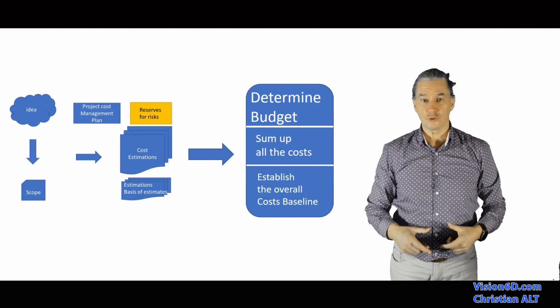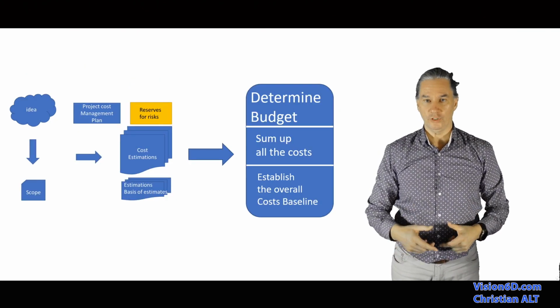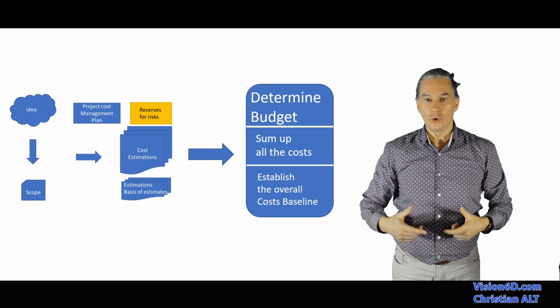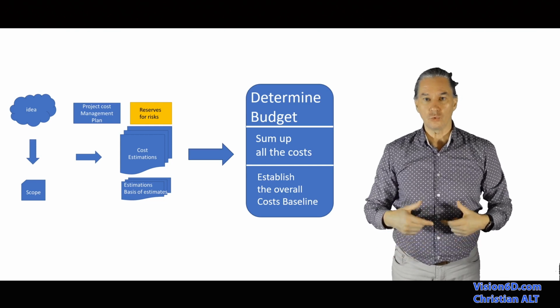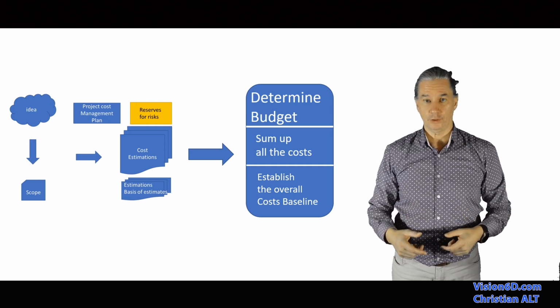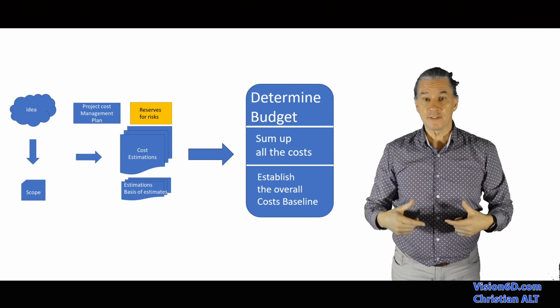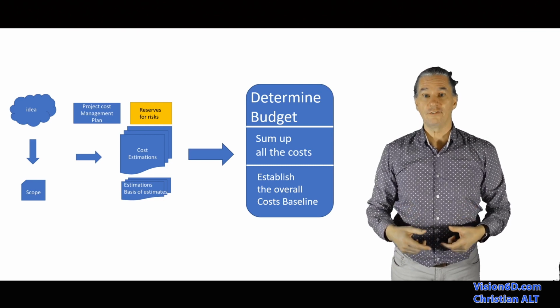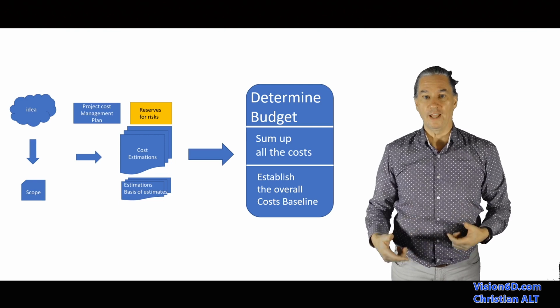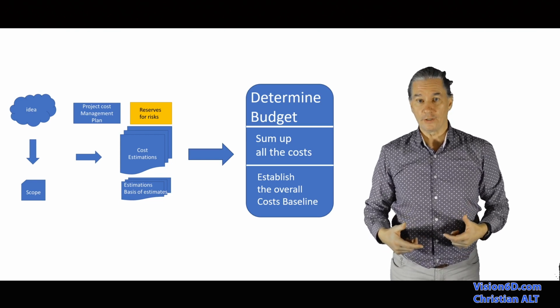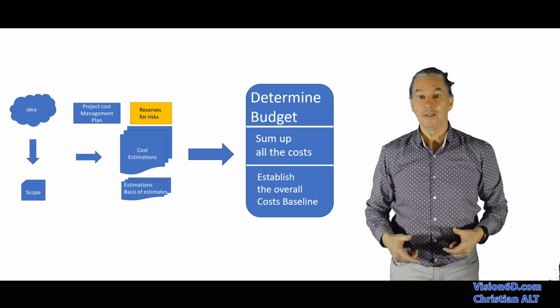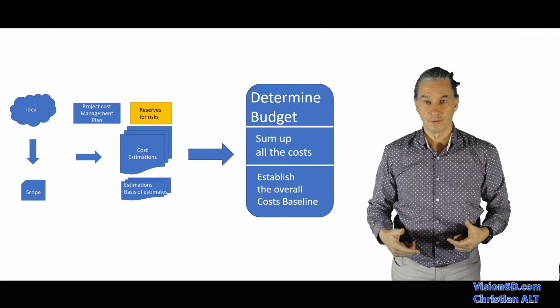According to the cost management plan, we've done our estimations. With those estimations, we are now ready to prepare the budget. The budget sums up all the different estimates we've done. Of course, to the budget we will also add the reserve for risks.